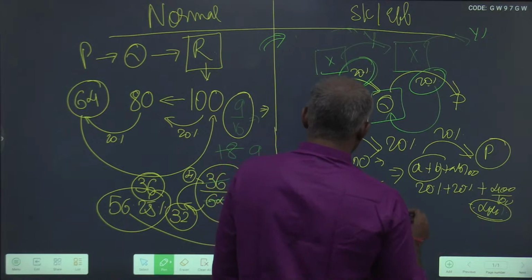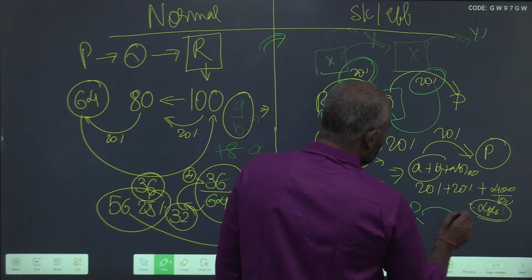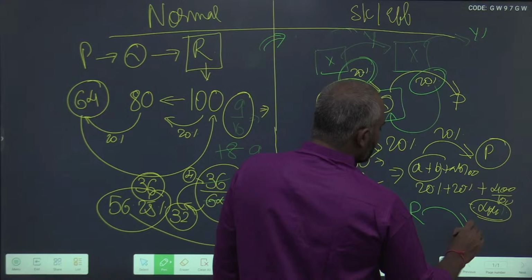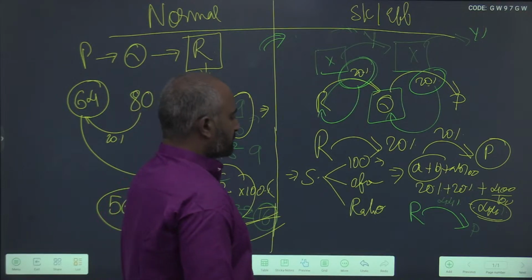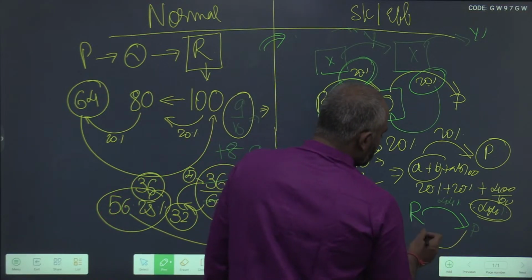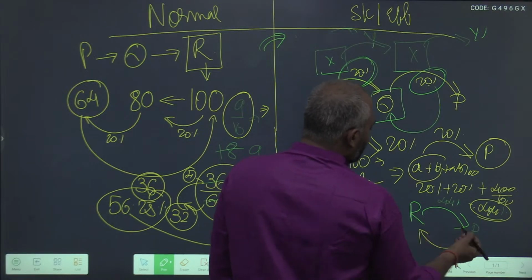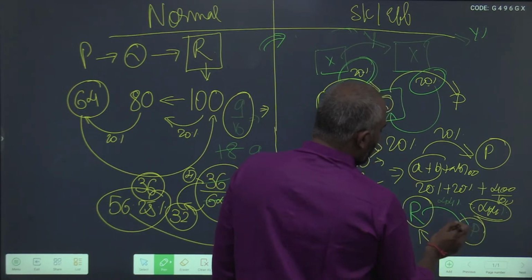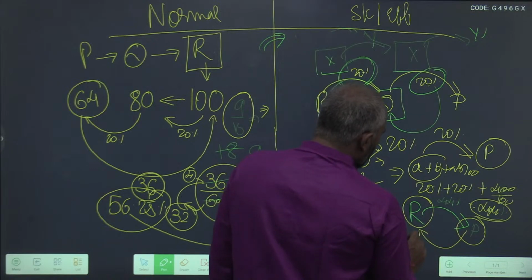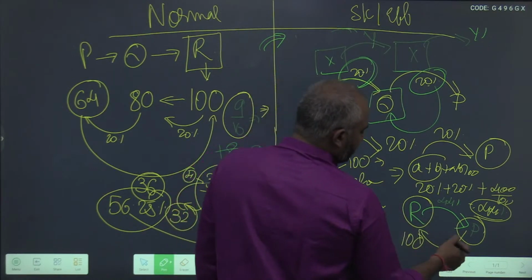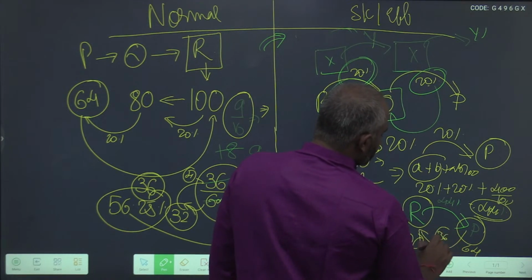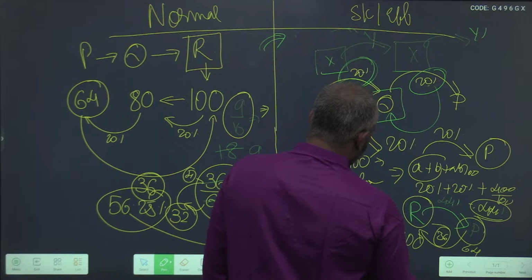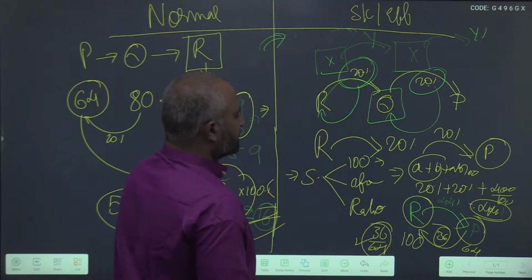So your R is less than P by 44%. We need R in terms of P, or you can directly take values. If this is 100, this becomes 64. So how much is the reduction? 36. So 36 out of 64, you will get the same value.